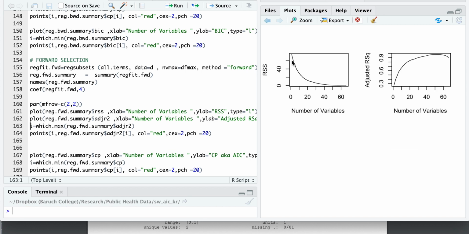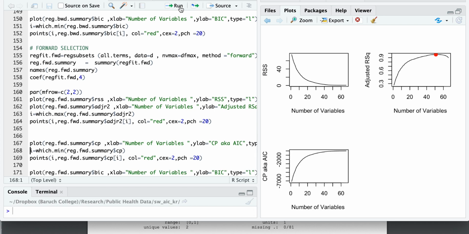Now here, as we increase the number of variables, the residual sum of squares drops. Here is the knee. So I would think that the reasonable number of variables should be around 20, but adjusted R-square goes up and down. This is more like what we expect to see, and it goes up, and here's the maximum, so around 50 variables.